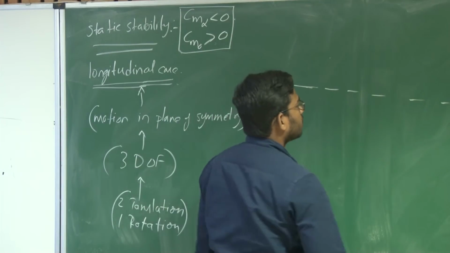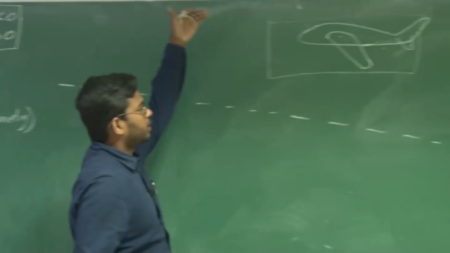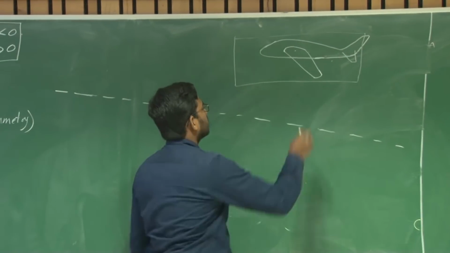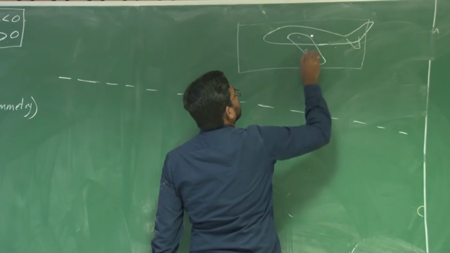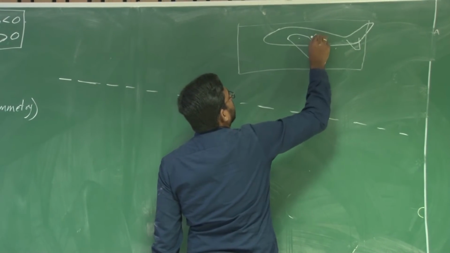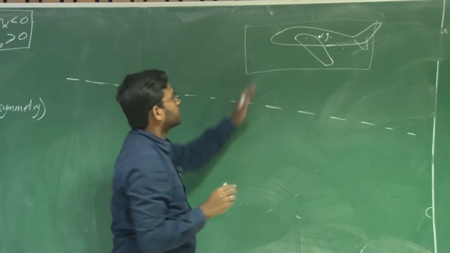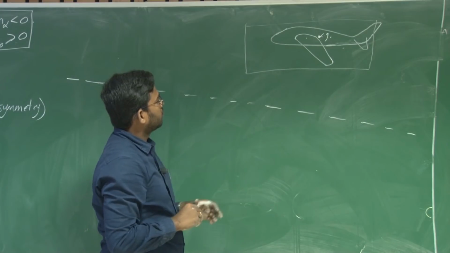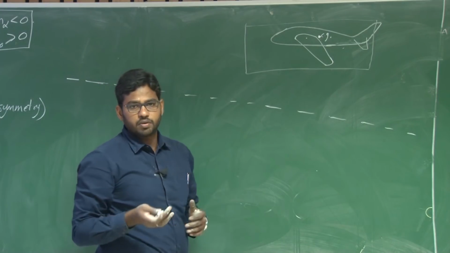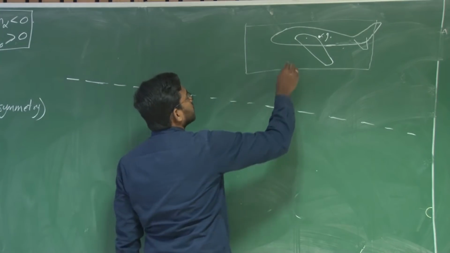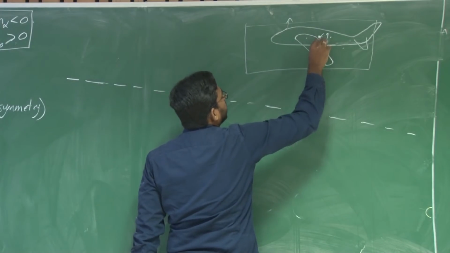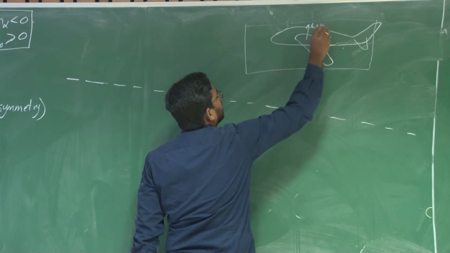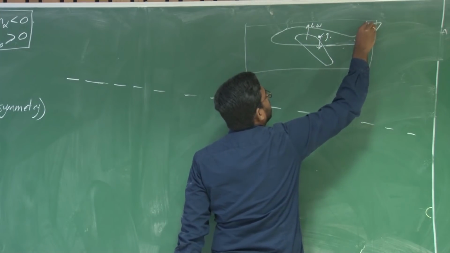Now, let us assume I cut this aircraft at the plane of symmetry, and the aircraft has a CG located at some point here with respect to the leading edge. This is your CG. When you are talking about longitudinal stability, what are the forces in this plane? One is the weight, the others are the lift from the wing and lift from the tail.